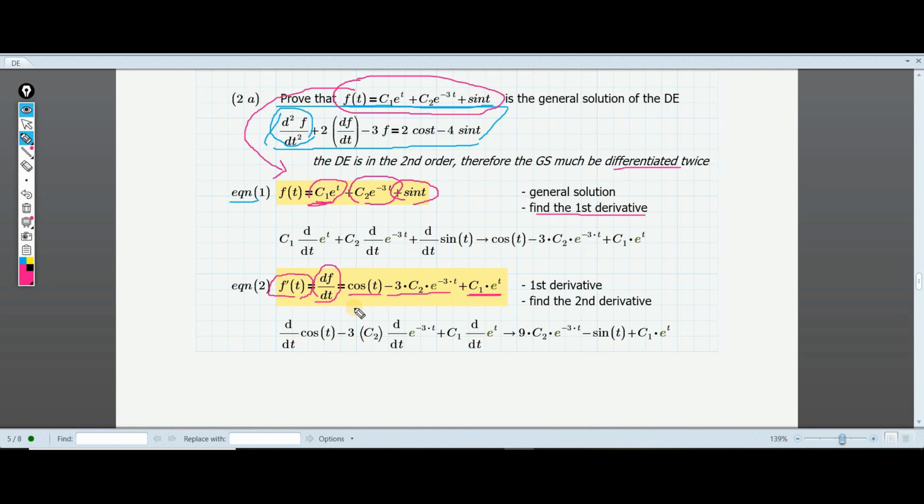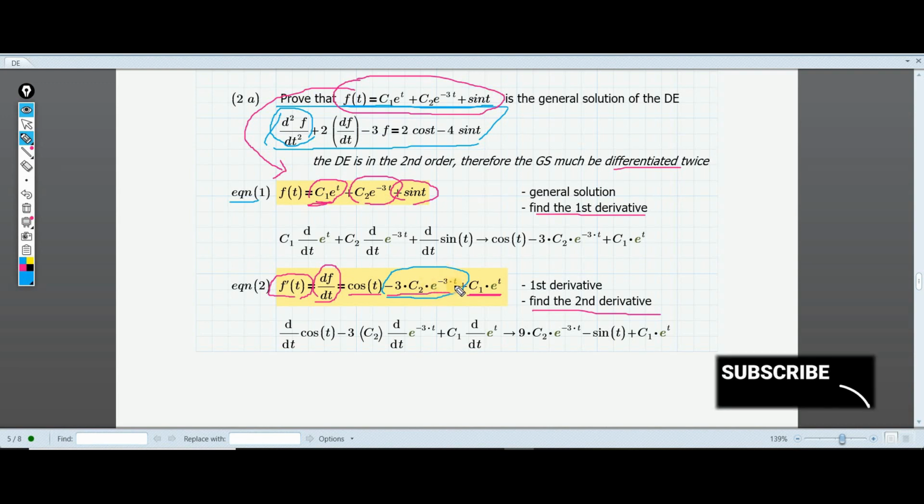Okay, now, that is the first derivative. Goal is to find isolve hanggang sa second derivative. So, let us find the second derivative. Pag kinuha natin yung second derivative ay ito ang lalabas. Okay, palitan natin ang kulay here. We have the negative 3 c sub 2 e to the negative 3t. So, e to the u lang ulit yon.